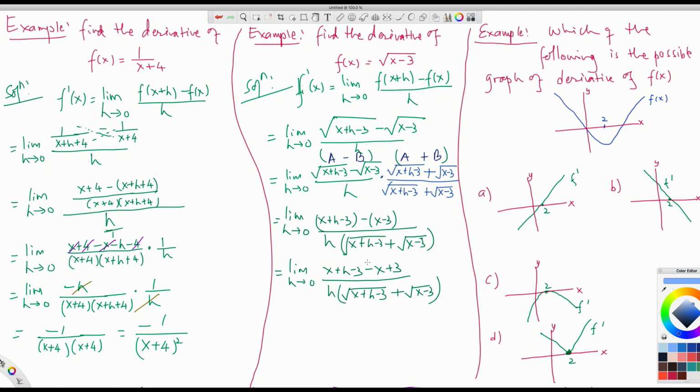The plus and minus: there is negative 3 and positive 3, there is negative x and positive x. And what is left there then? What is left is limit h tends to 0, positive h over h times root of x plus h minus 3 plus root of x minus 3.